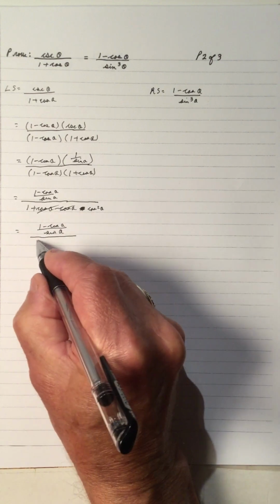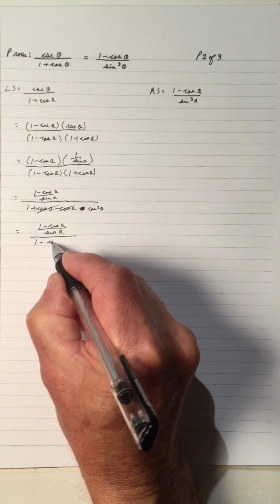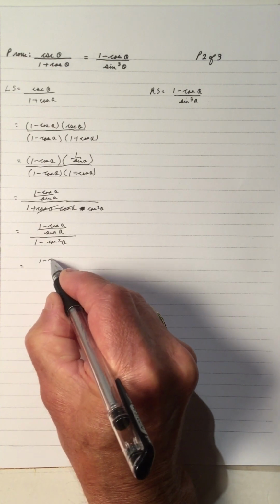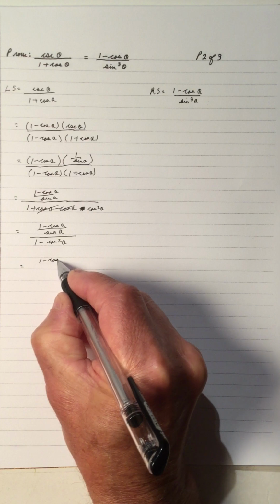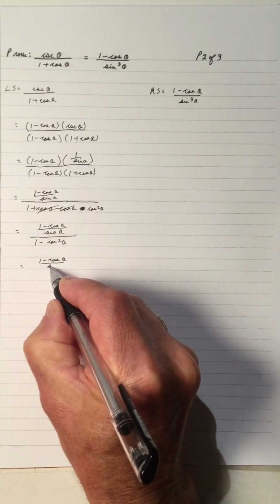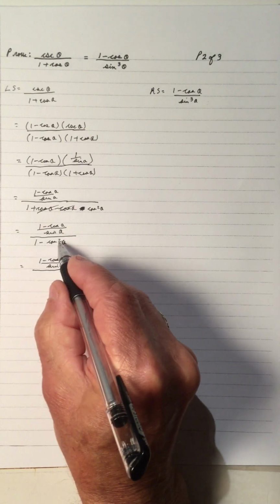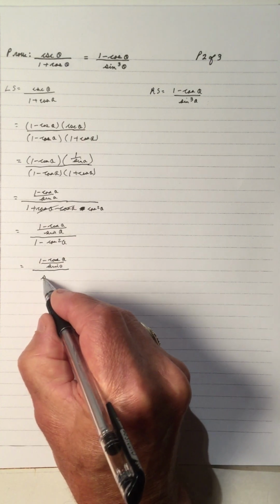These cancel out, and it gives us 1 minus cos squared theta, and 1 minus cos theta over sine theta. And another name for 1 minus cos squared is sine squared.